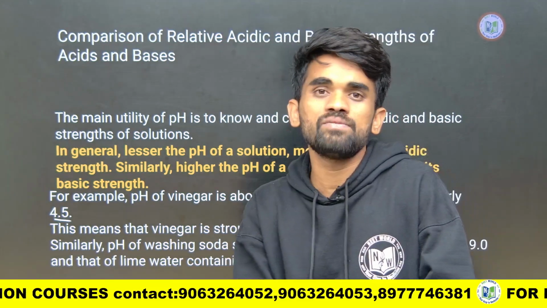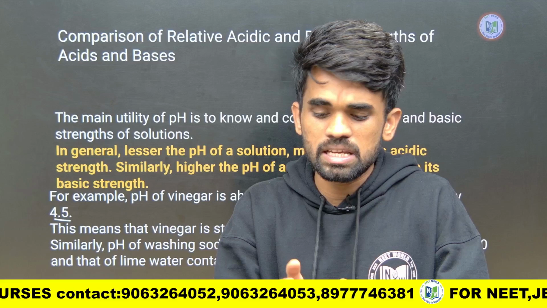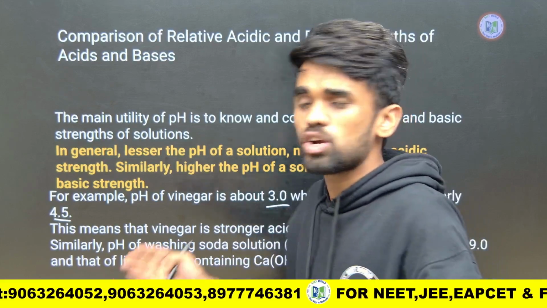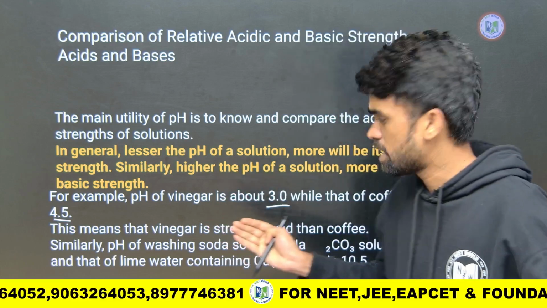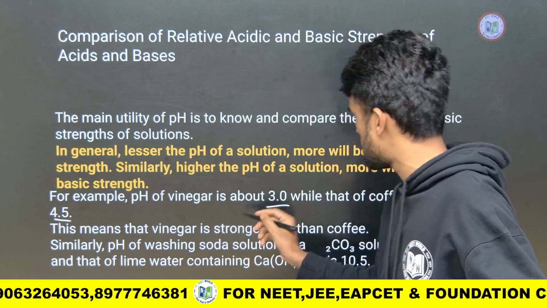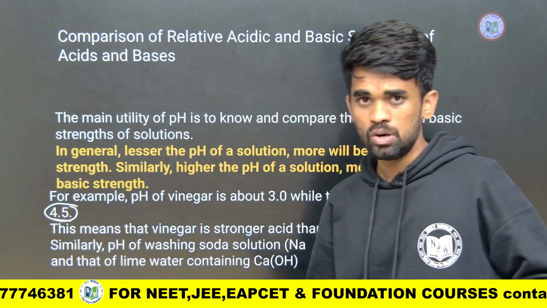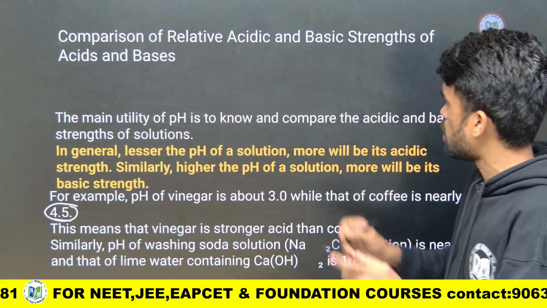What is the nature of these solutions? Vinegar is nothing but acetic acid, which is an acid, and coffee also has an acidic range. The pH for vinegar is around 3.0 and for coffee around 4.5. I hope you have remembered that.